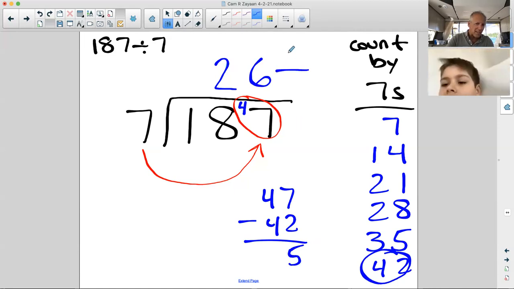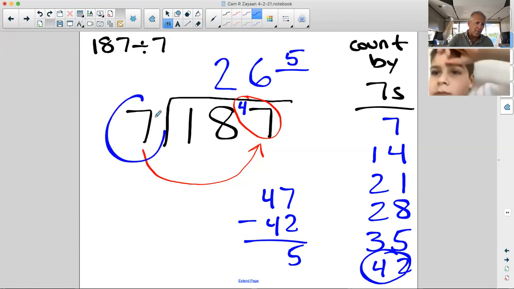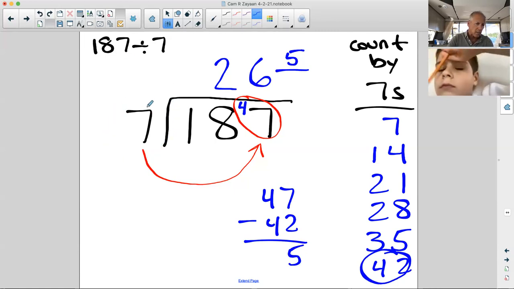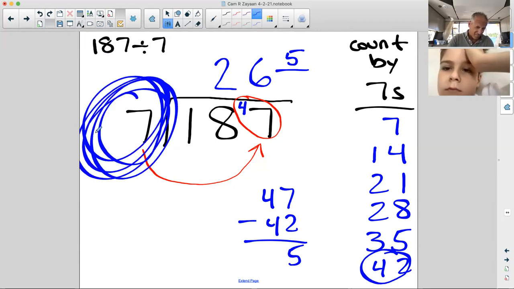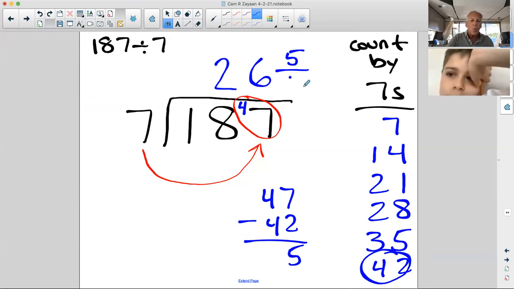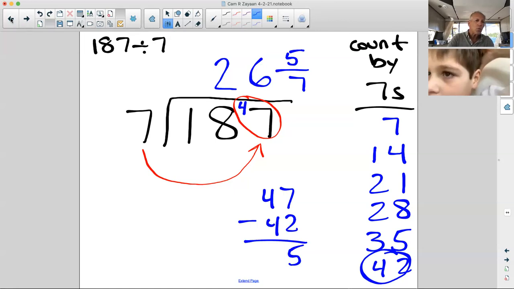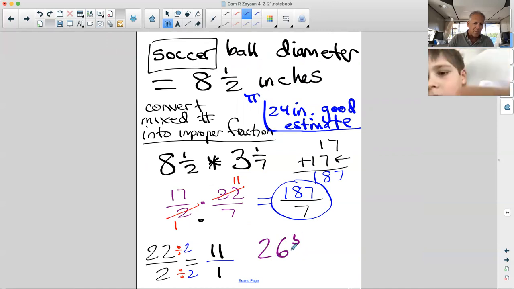So it's 26 and 5 sevenths. Now look at this. You made a conjecture that it was 26 inches, and the actual number is 26 and 5/7 inches.